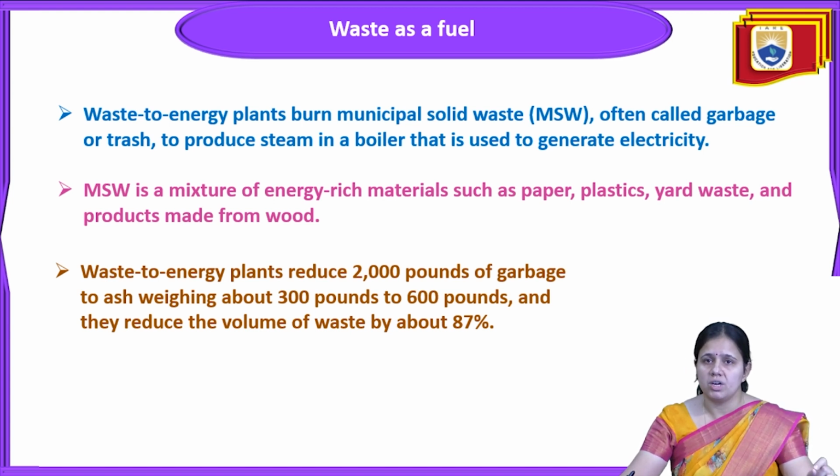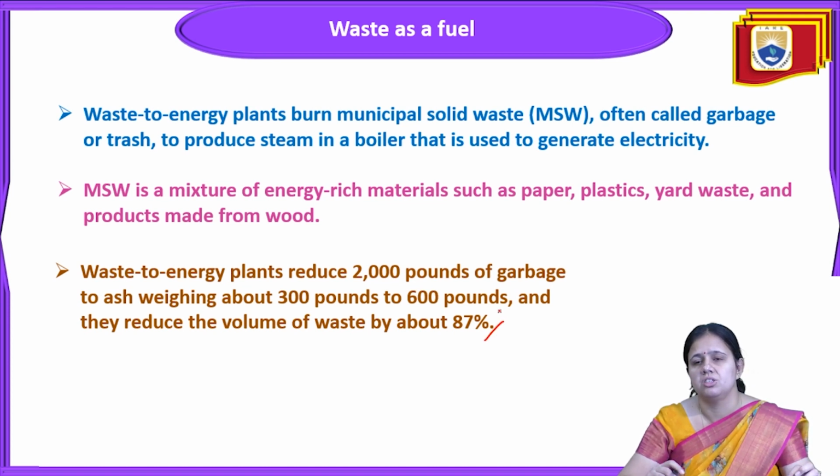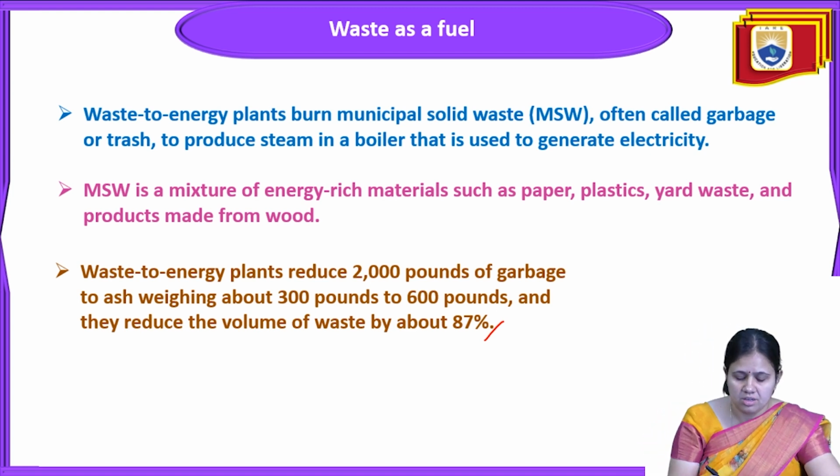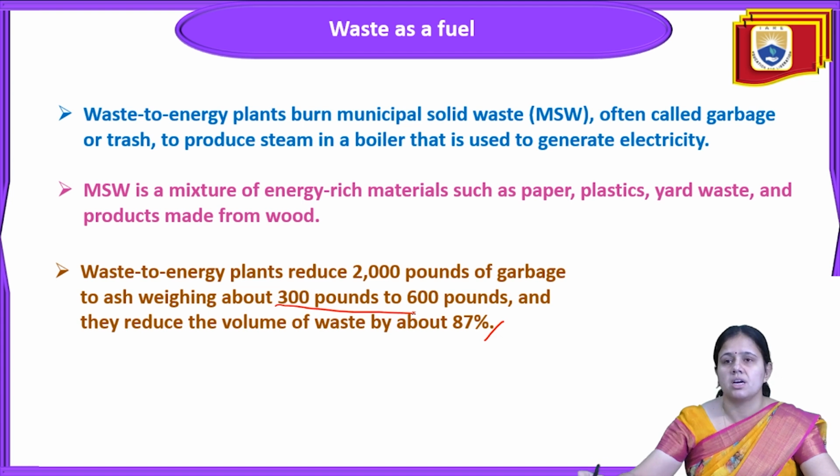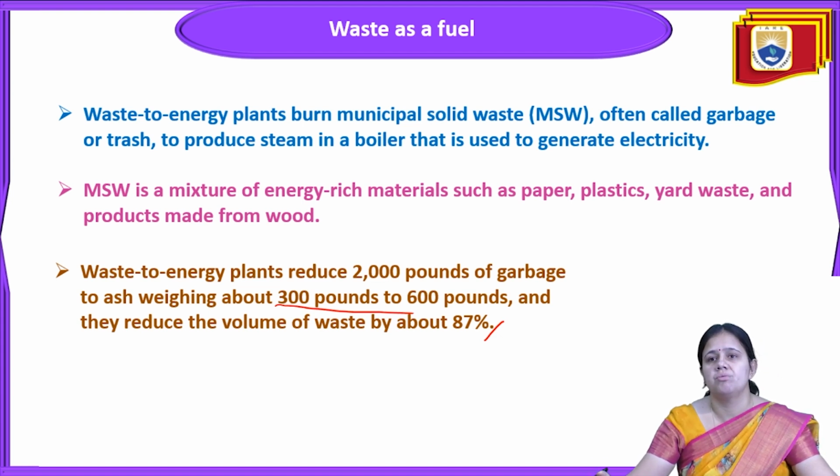So what is MSW? Municipal solid waste is a mixture of energy rich materials like paper, plastic, some yard waste and products made from wood. A waste to energy plant reduces 2000 pounds of garbage to ash weighing about 300 pounds to 600 pounds, and reduces the volume of waste by about 87%.